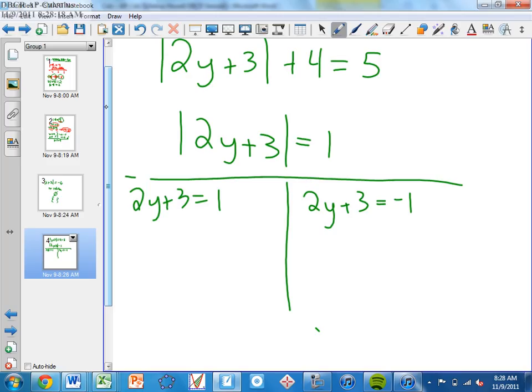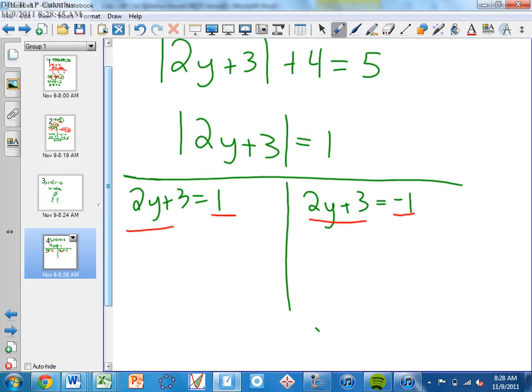We know absolute value could be a positive or a negative, just like last case, we had the negative 4 or the positive 4. So the inside of the absolute value could be positive 1, and it could also be negative 1, to give me a 1 as an answer.